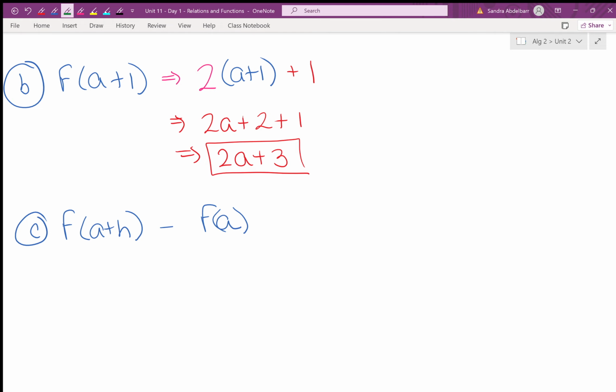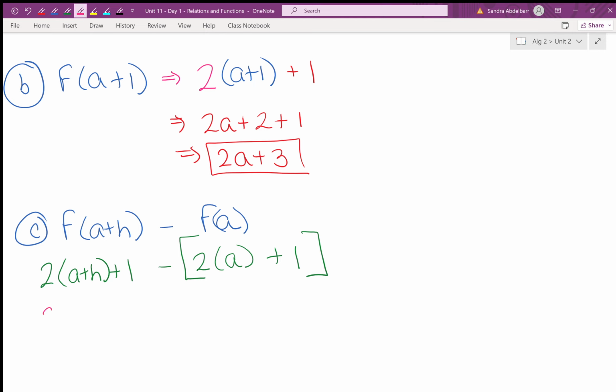So we are going to have 2 times the quantity of a plus h plus 1 minus 2 times a plus 1. And I'm going to put this in brackets. Why am I putting that in brackets? Because the negative gets applied to both. Good, because the negative has to get applied to the whole function, right? Not just the 2a.